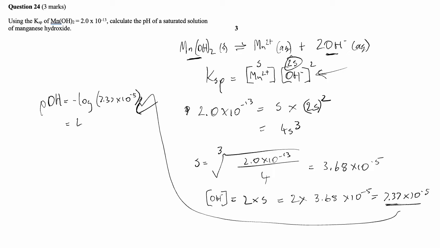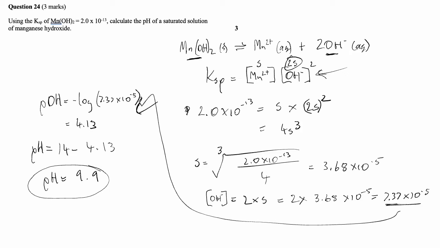So the pOH is 4.13. pH, this is what we need to find for this question here. pH is equal to 14 minus 4.13. So we can round for sig figs here and say pH is 9.9.